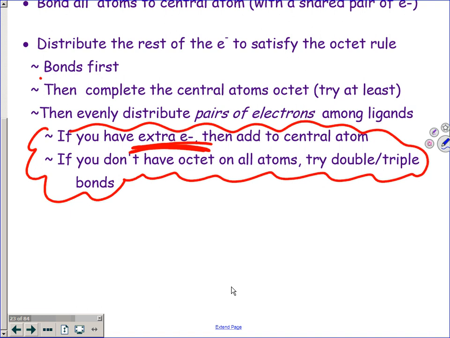Wait, who's in the middle? Why would you do this? I think that has 6.